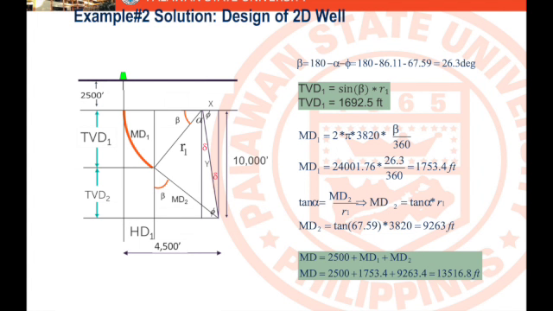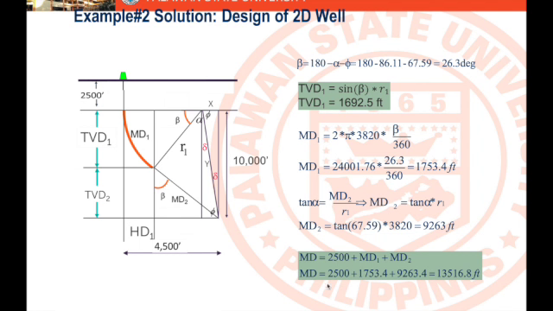So tangent of the angle is equal to the opposite over the adjacent side, therefore we need to multiply our adjacent side by the tangent of the angle. That's tangent 67.59 times 3820 feet, and that gives us the length for measured depth 2 as 9263 feet.